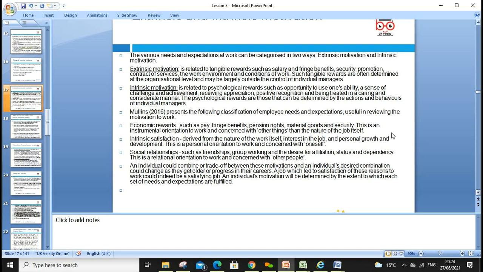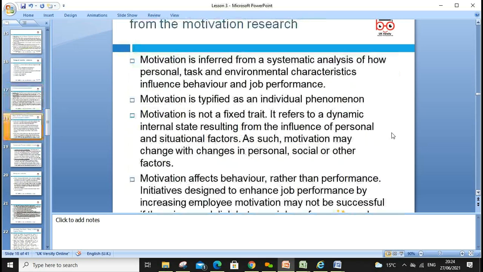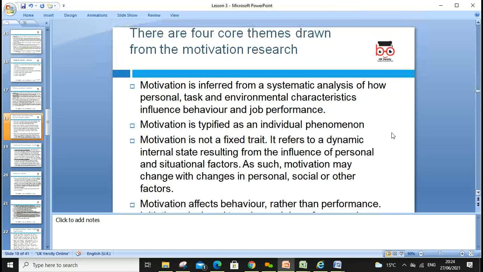Intrinsic rewards are psychological, such as the opportunity to use ability, the sense of challenge and achievement, and receiving appreciation from seniors. Mullen presents the following categories: economic rewards, intrinsic satisfaction, social relationships, and individual. That's all we need to focus on.